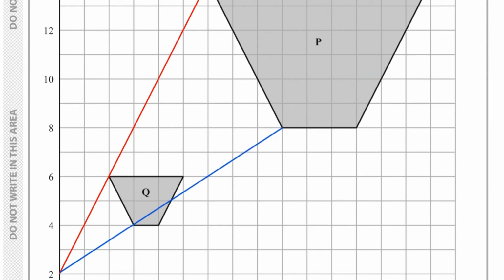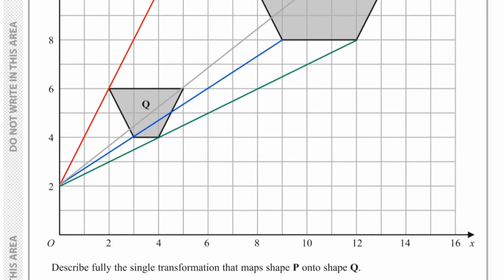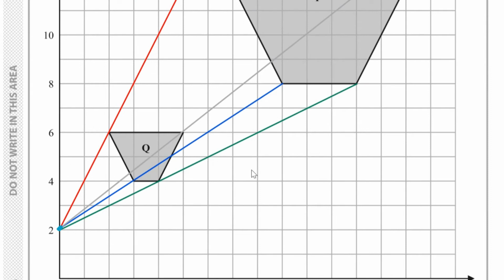what you can hopefully see then is this point corresponds with this point, and then this point would correspond to this point. We see we have a center of enlargement over here at 0, 2. And if I find the scale factor, well, this length is 1.